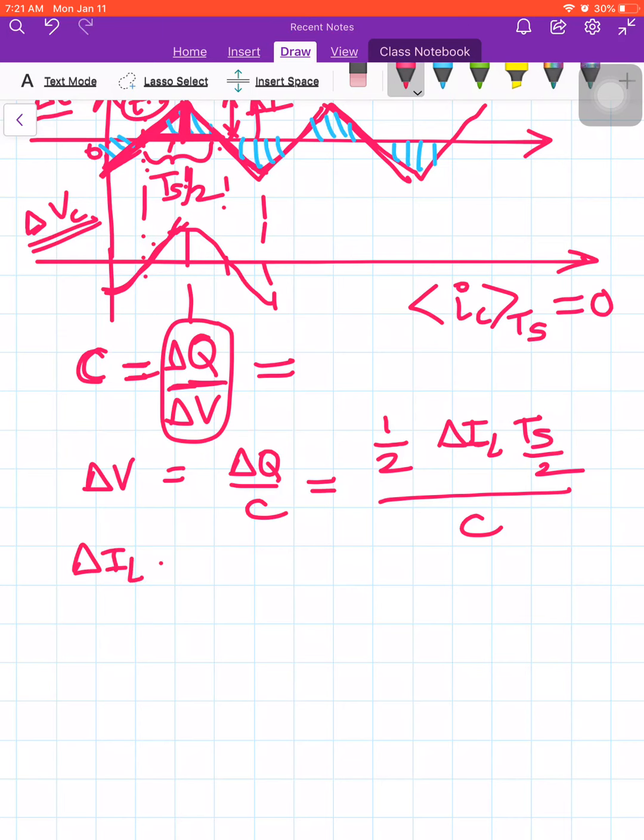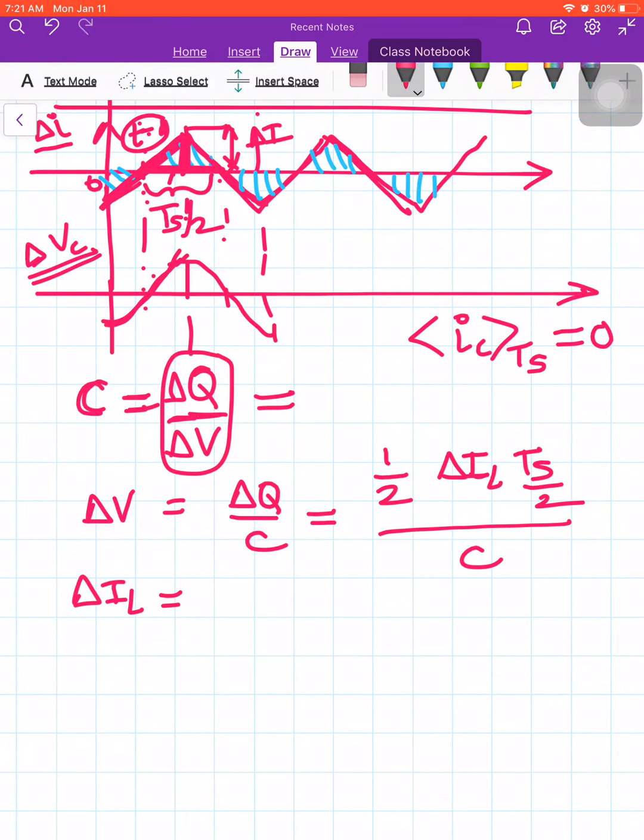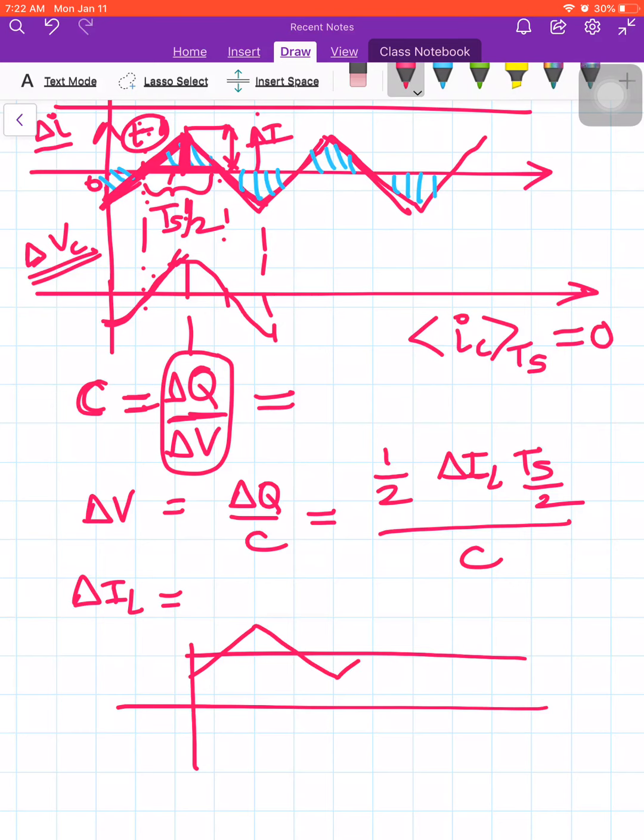Now what is delta IL? We have already derived this expression in the previous video tutorial, or we can derive it once again as well. So how do we calculate this delta IL? What I am talking about as delta IL is this portion. So this is the difference between the minima and maxima.